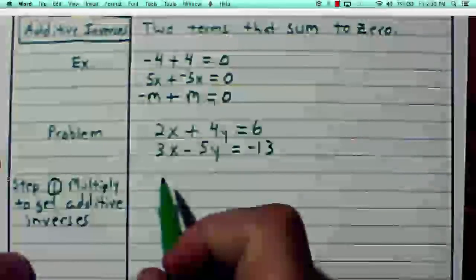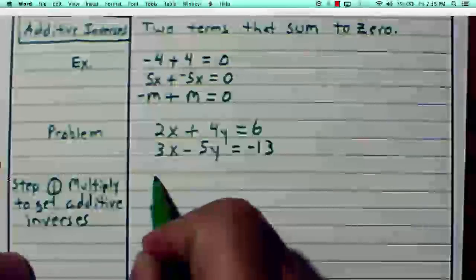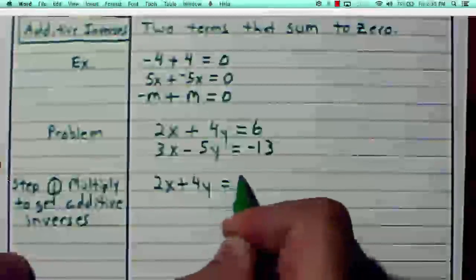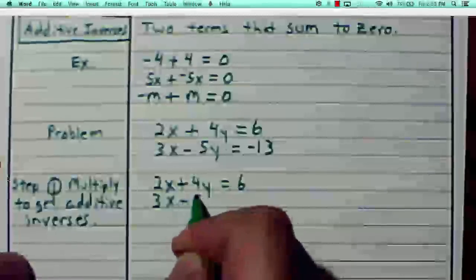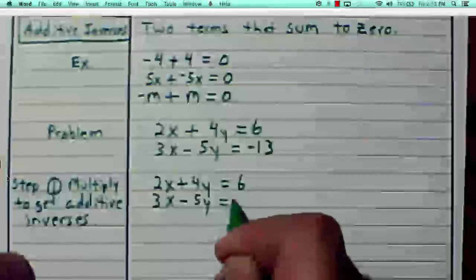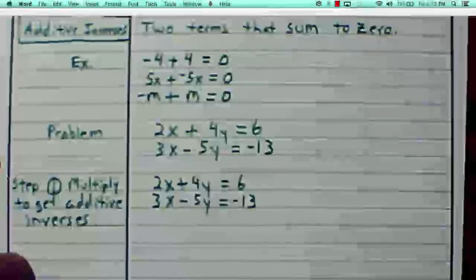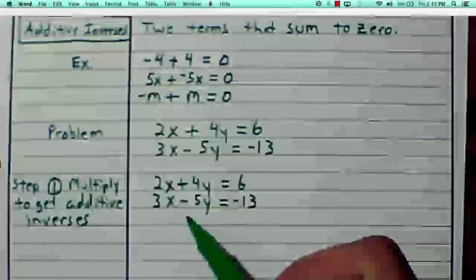So we have our two equations: 2x plus 4y equals 6, and 3x minus 5y equals -13. As the name would suggest, elimination method, we're going to attempt to eliminate one of these variables. We can't simply throw them away.